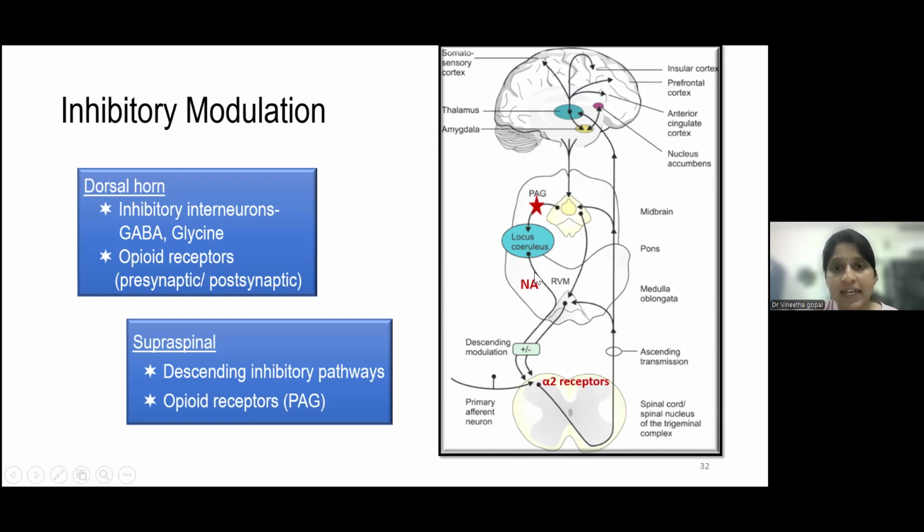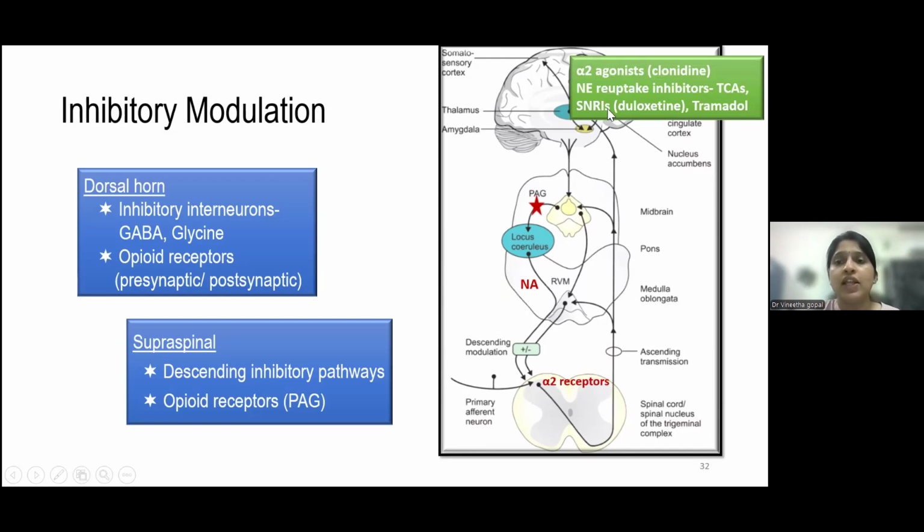The neurotransmitter involved is noradrenaline, and the receptor involved is the alpha-2 adrenergic receptor. So alpha-2 agonists like clonidine, and noradrenaline reuptake inhibitors like tricyclic antidepressants such as amitriptyline, and SNRIs like duloxetine and venlafaxine, all these drugs inhibit the reuptake of noradrenaline when it is released here. So more noradrenaline is available to act on the alpha-2 receptors, and that activates the inhibitory pathway.